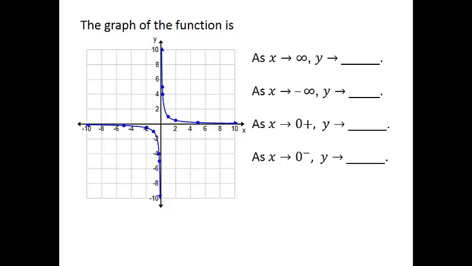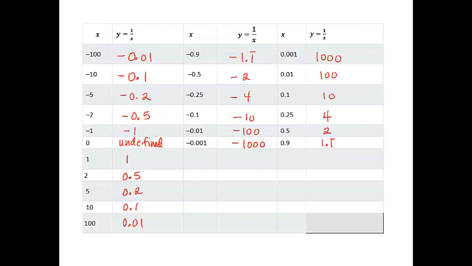As x goes to infinity, so remember as we're looking to the right of the graph, what are the y values doing? Well, in this case, the y values are getting closer and closer to the x-axis. So we say that y is approaching 0. And we can also see that from this chart, right? As x is getting really, really large, the values of y are getting smaller and smaller, and they're approaching the value of 0.